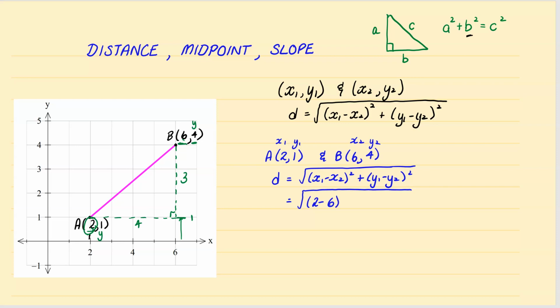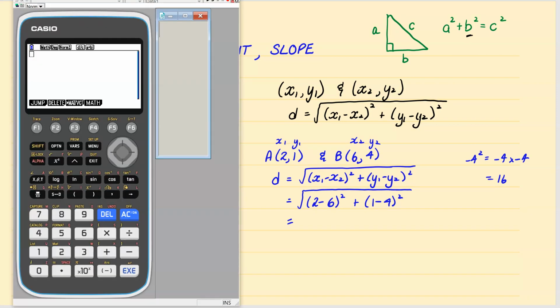2 take 6 squared plus 1 take 4 squared. Now, 2 take 6 is minus 4. Minus 4 squared, okay, negative times a negative, we know it's a positive. If you're being a little bit sloppy and just doing everything on your calculator, can I just warn you, if you type in minus 4 squared, your calculator doesn't give you 16 positive, it gives you negative 16.